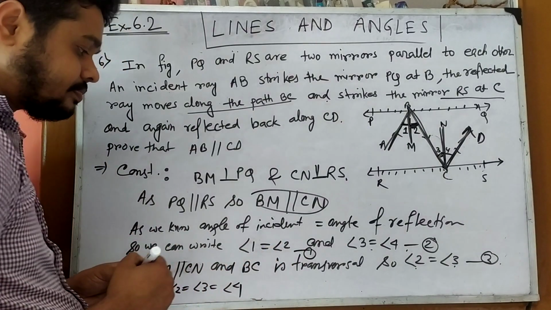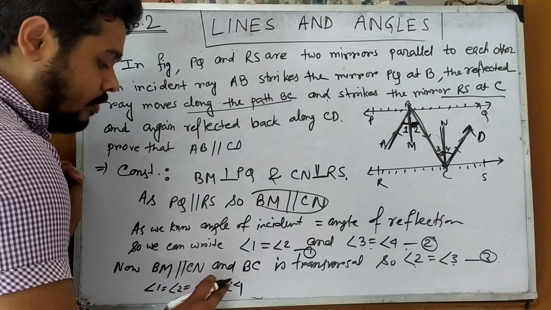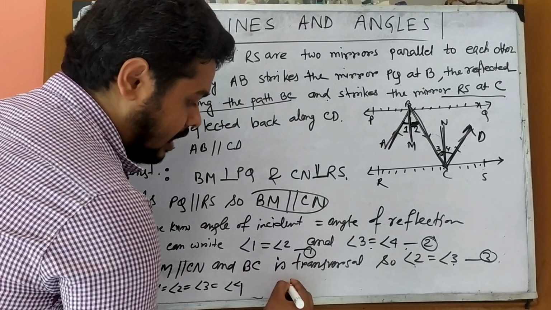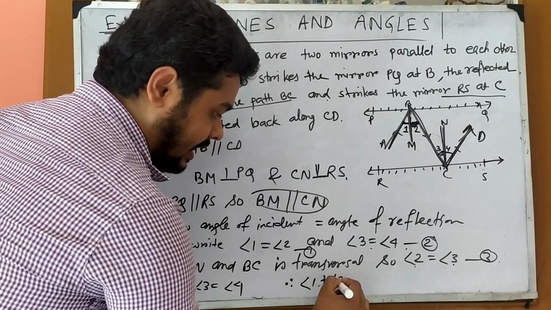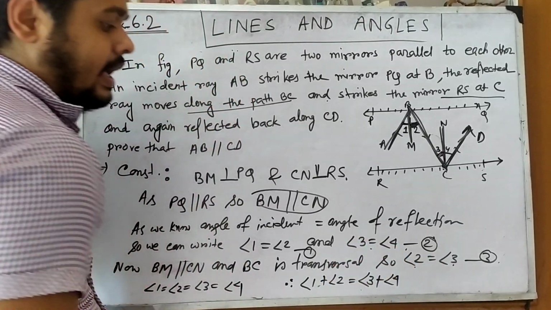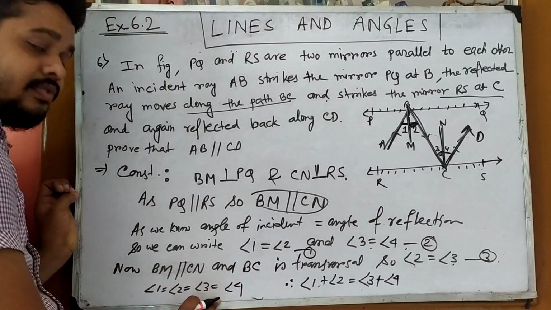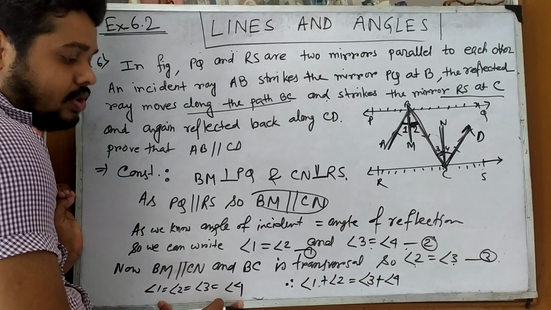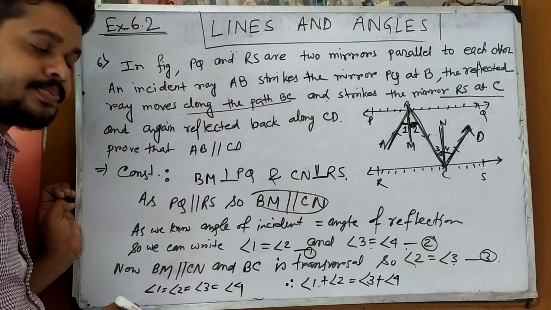Now, as all the 4 angles are equal, therefore we can write angle 1 plus angle 2 equals angle 3 plus angle 4. So simply we can write the sum of these two equal to the sum of these two.